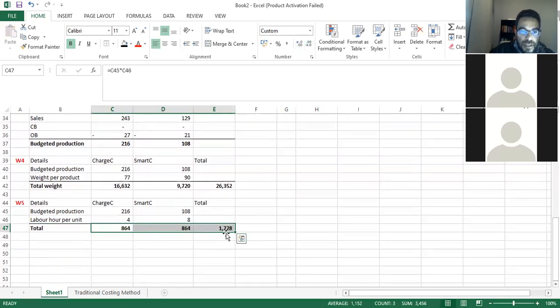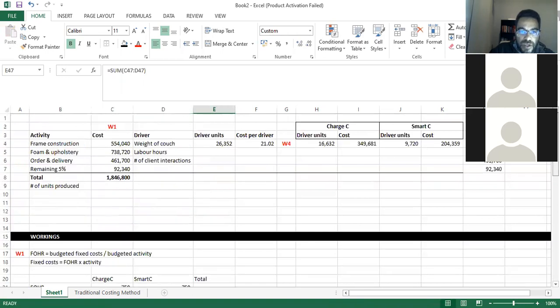So this is E47. Okay, so over here it is going to be equal to E47. So that's the total labor hours, labor hours. I'm happy. My subconscious mind is checking it for me. Okay, so there's no short circuit in my mind because the two correspond.